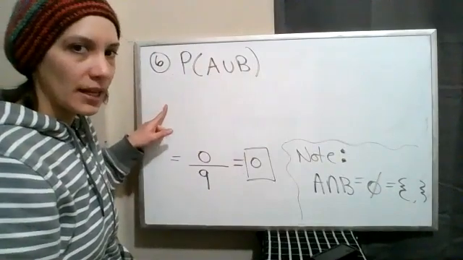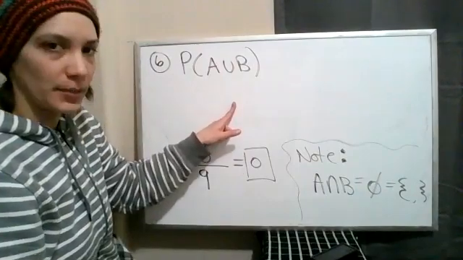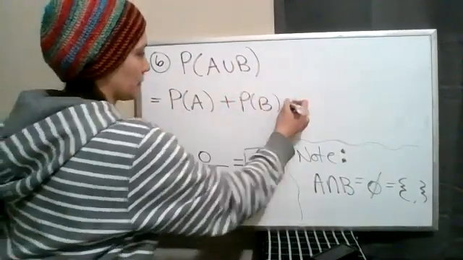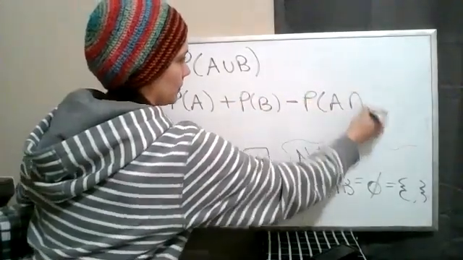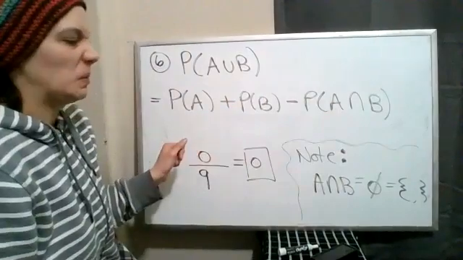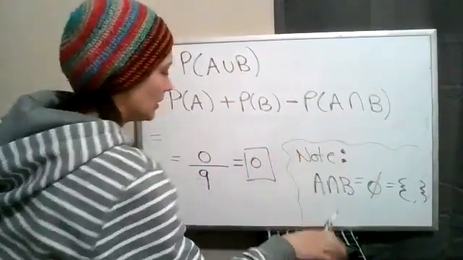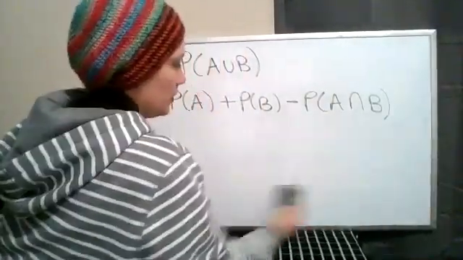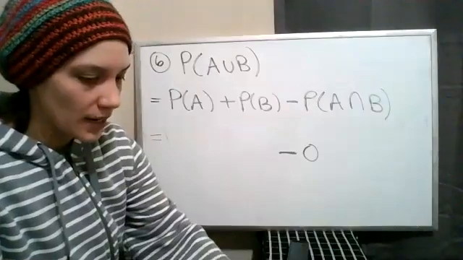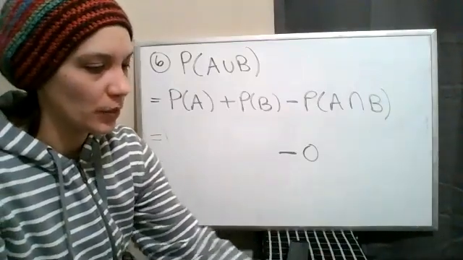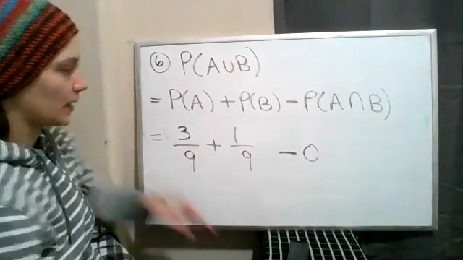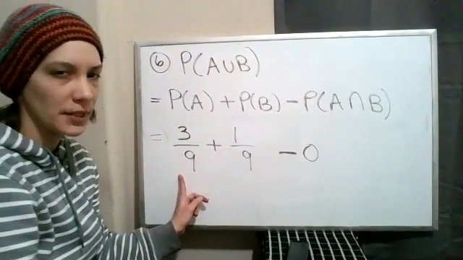We're going to take probability of A, add probability of B, and subtract probability of A intersect B. Also, these are disjoint sets, so this is going to be a 0. Probability of A was 3/9, and the probability of B was 1/9. And we're subtracting 0. So we get 4/9.